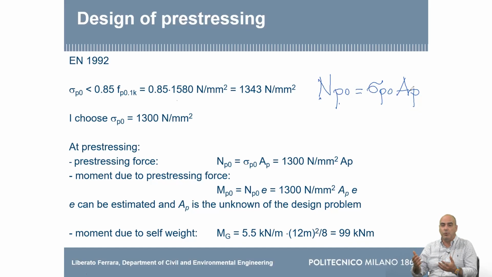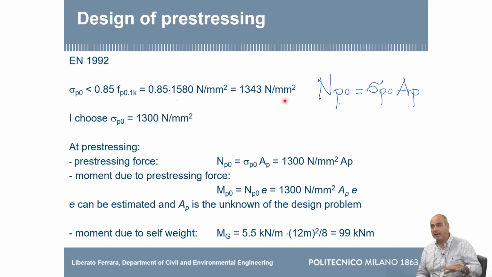You don't want it to yield. Otherwise, you have already exhausted largest part of its capacity. So you leave yourself a certain margin between the pre-stressing and the yielding. So if you go back to the numbers that we had, fp0.1k characteristic 1580 times 0.85, it turns out to be 1343.